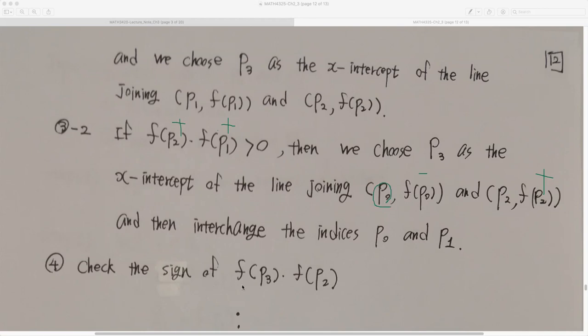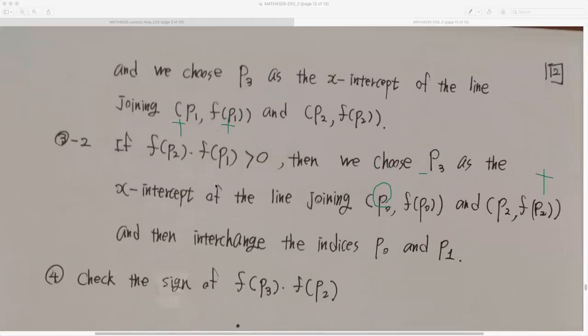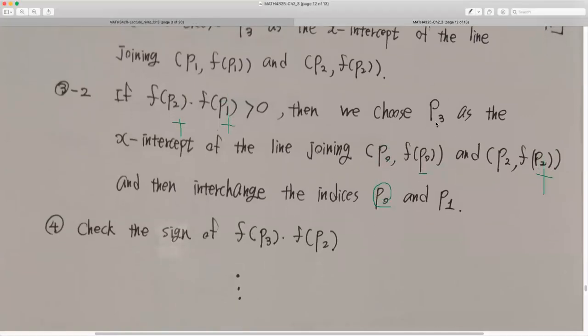And then check the sign of f of P3 times f of P2. Let me see, keep doing that. So once we get P3, we find out P3, and then we check f of P3 times f of P2.